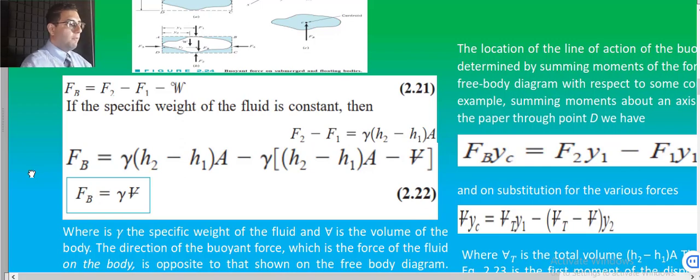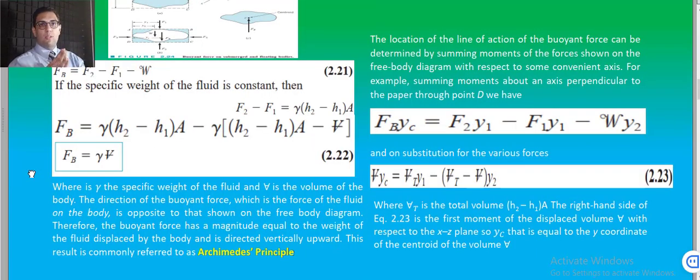So the total formulation is that the buoyant force is equal to the weight of the fluid displaced by the body, and it is directed upward.